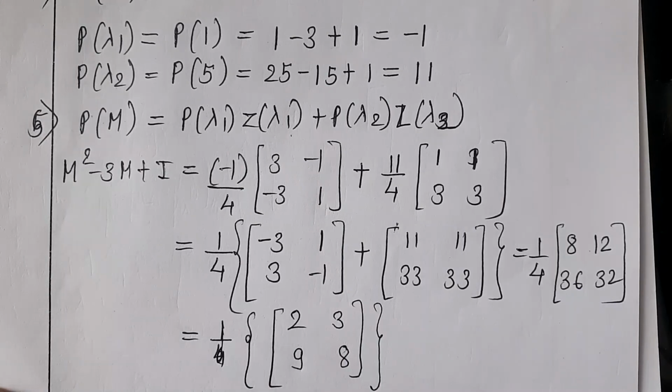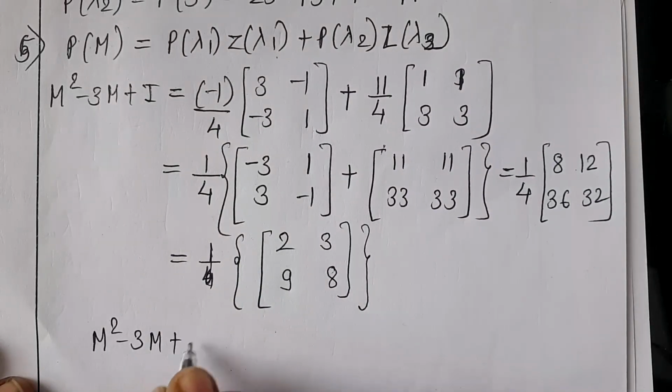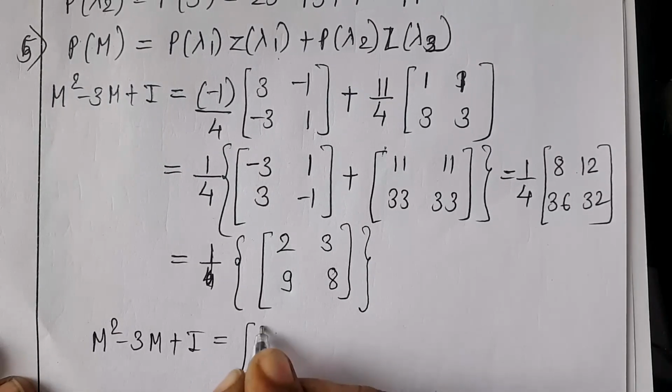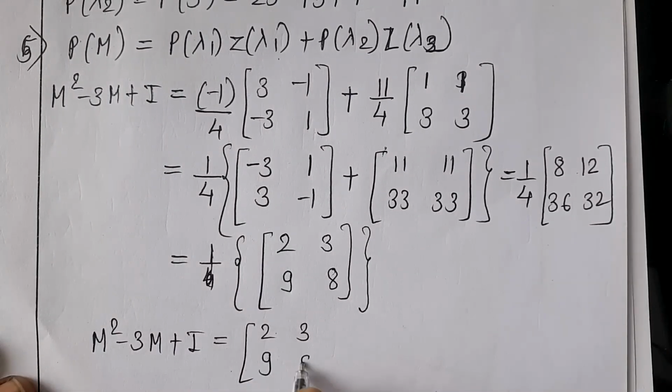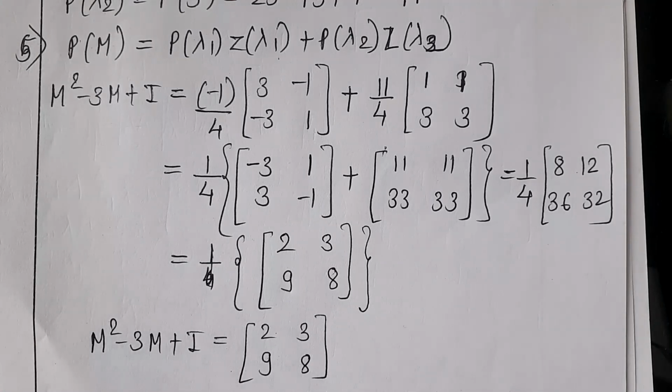So the answer for m square minus 3m plus I is the matrix 2, 3, 9, 8. And if you solve m into m minus 3 into m plus identity matrix, then also you will get the same answer. Hence by using Sylvester theorem we get the same answer as by the normal technique.